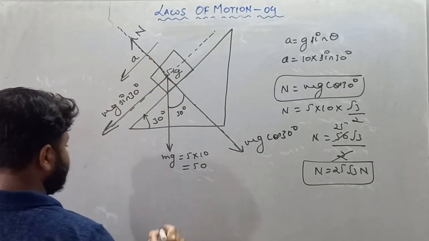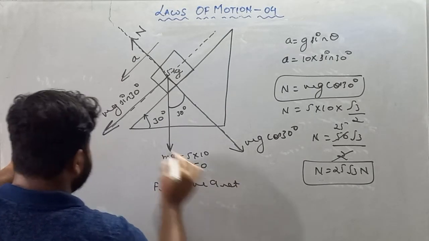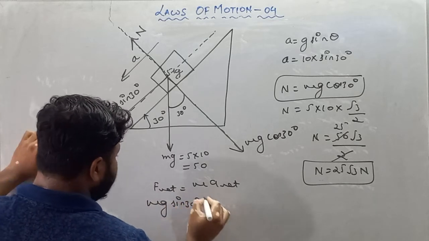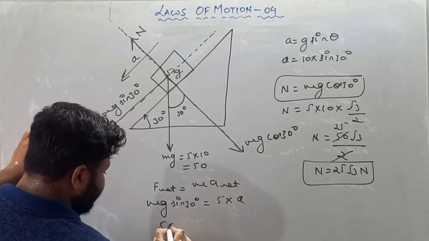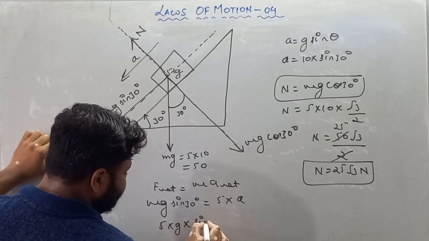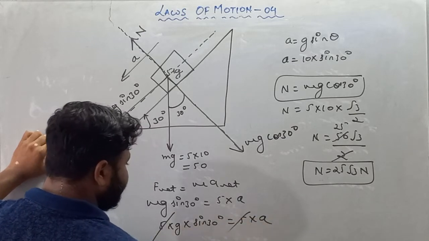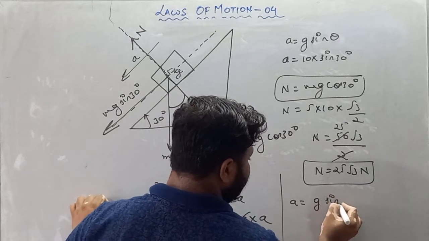It is a. So we can say F net is equal to ma. It means mg sine 30 must be equal to ma, that is 5 into a. So 5 into g into sine 30 is equal to 5 into a. 5 gets cancelled. So a becomes equal to g sine 30.